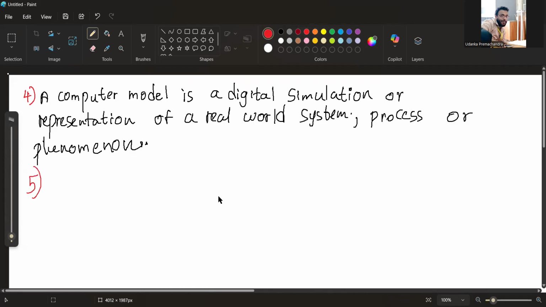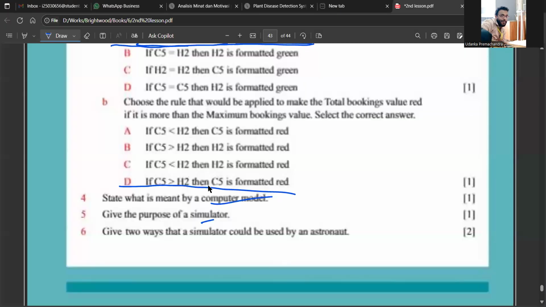For example, like an ATM machine. Before establishing an ATM machine, they create a scenario. According to the scenario, the real world system is established. The simulation is the same like that.